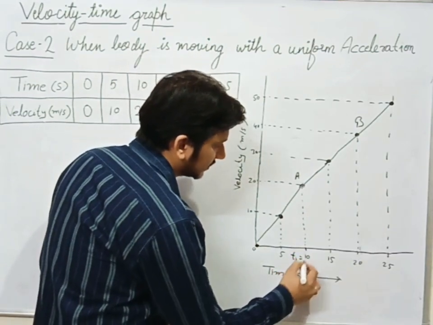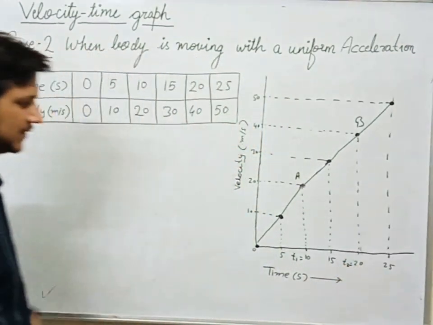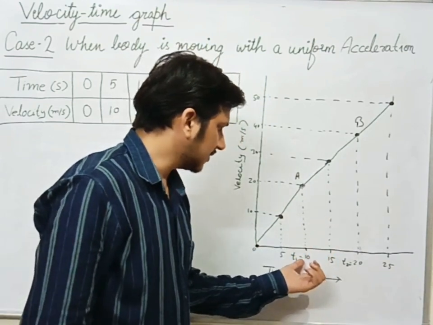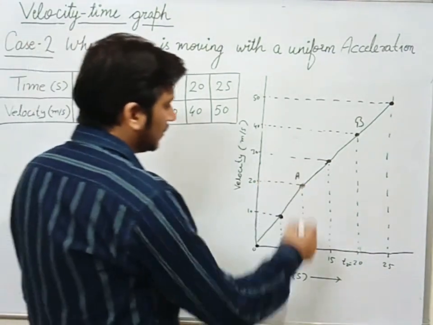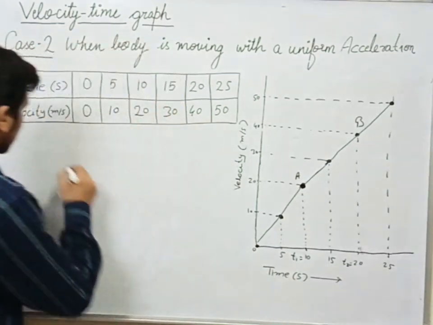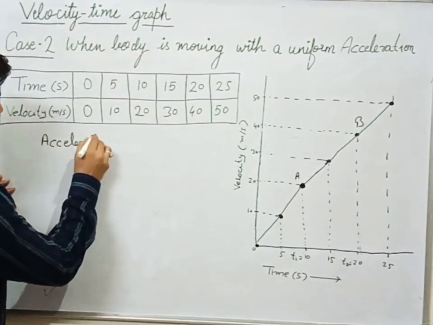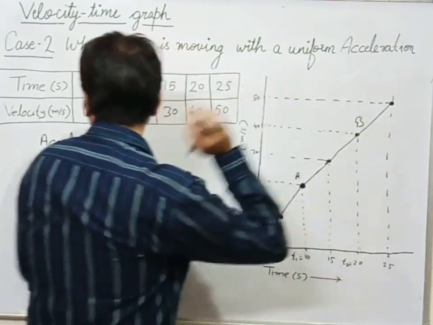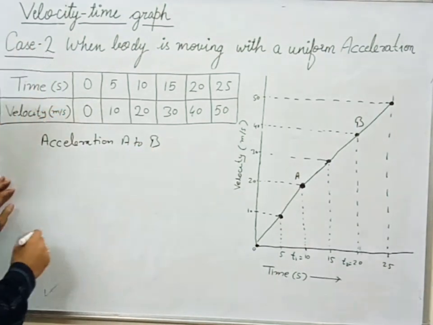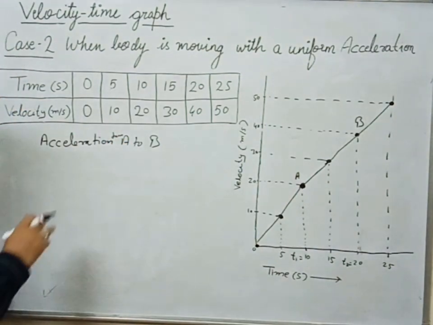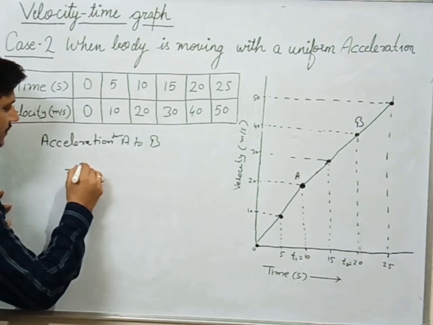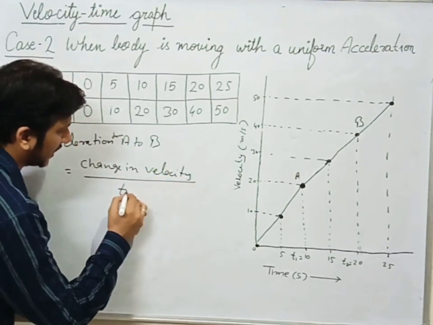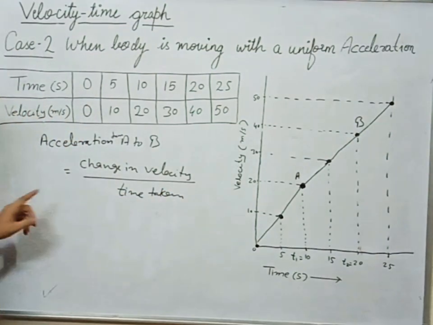Suppose 10 is T1 and 20 is T2, and we have to find the acceleration of the object between T1 and T2. The T1 point is denoted by A and T2 is where the object is here, so from A to B. Now you know that acceleration is equal to change in velocity divided by time taken.